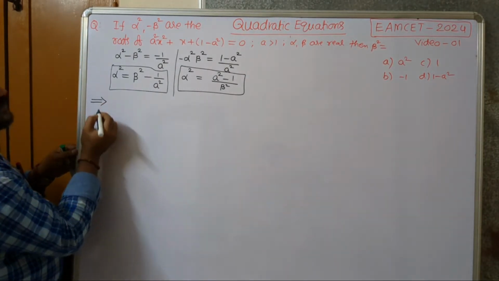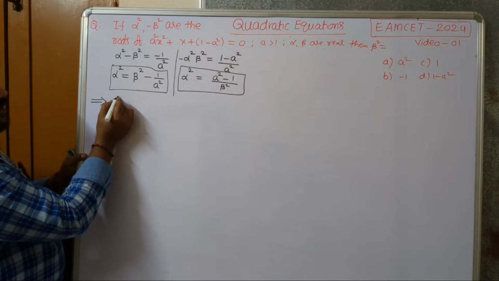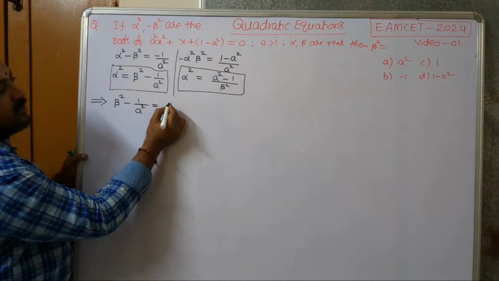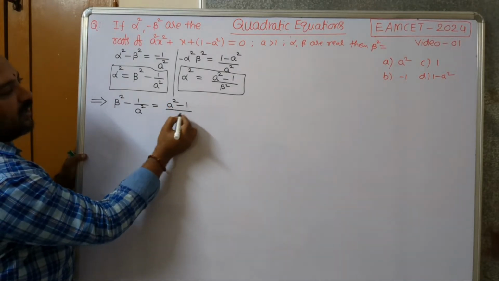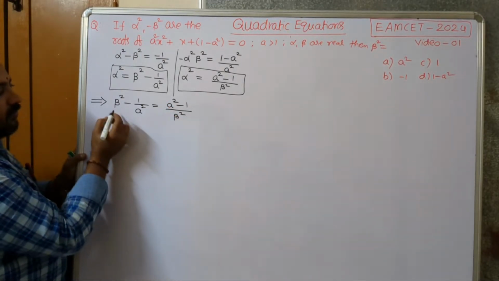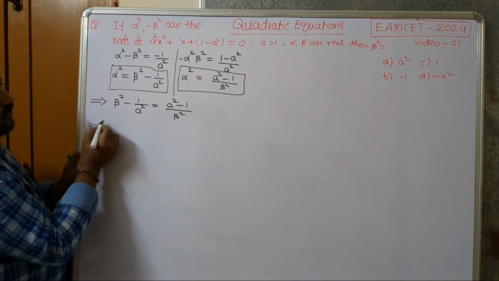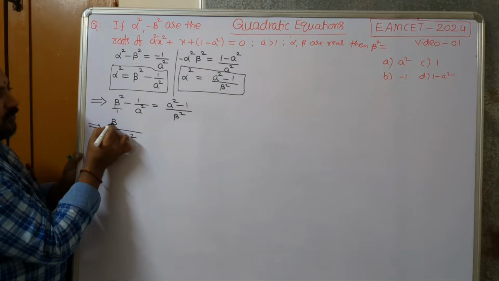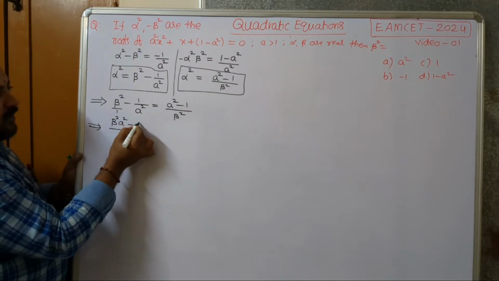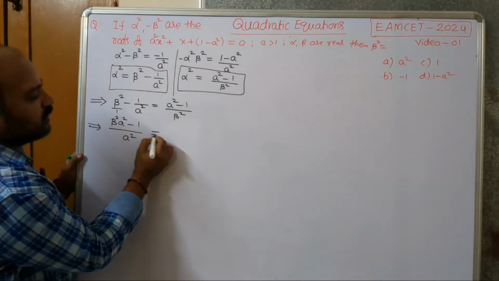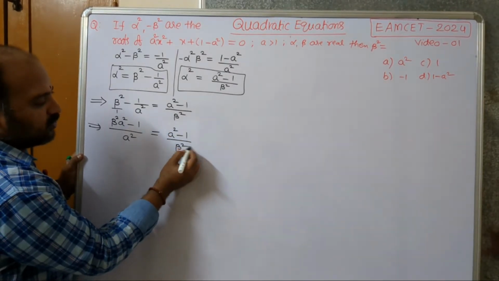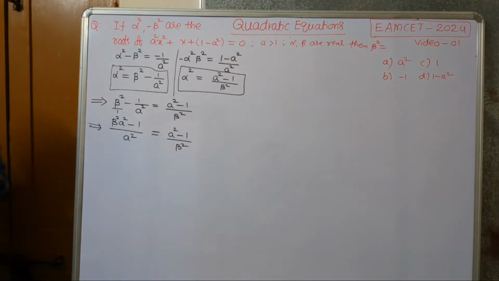That implies beta square minus 1 by a square is equal to a square minus 1 by beta square. So take LCM: a square here, LCM beta square. a square beta square minus 1 is equal to a square minus 1 by beta square. Okay, dear students.